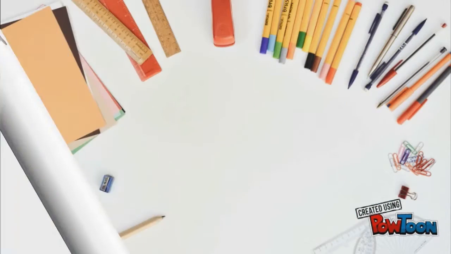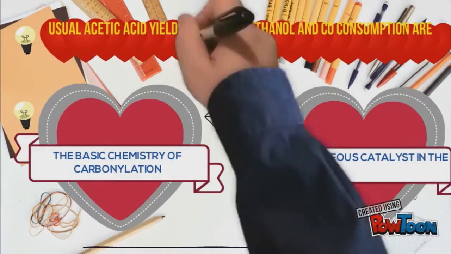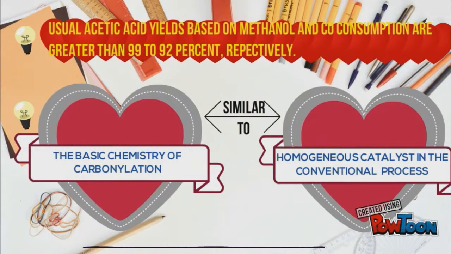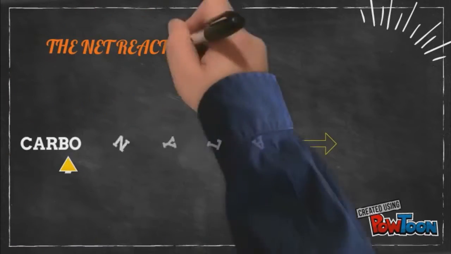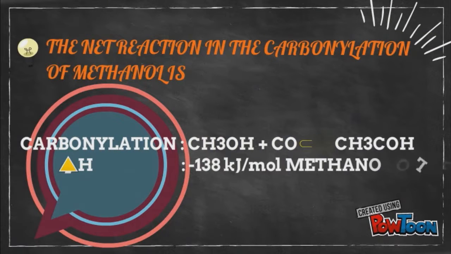Principal reaction. Usually, acetic acid yields based on the methanol and CO consumption are greater than 99% and 92% respectively, as shown below. The net reaction in the carbonylation of methanol is as shown below.